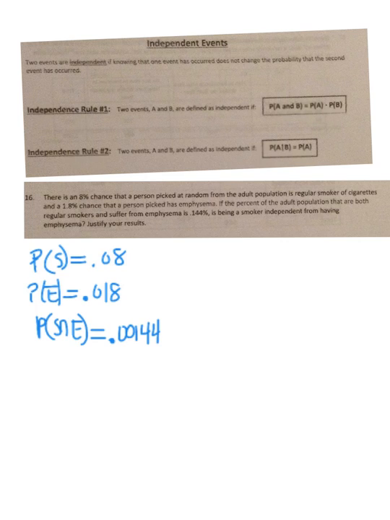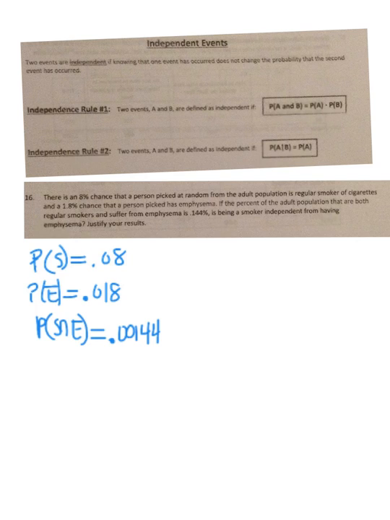Okay? All right, now let's read the last part, and let's point this out right here. They're asking, is being a smoker independent? In other words, not having any effect on whether you have emphysema. Okay, so that's what we're going to try to figure out.